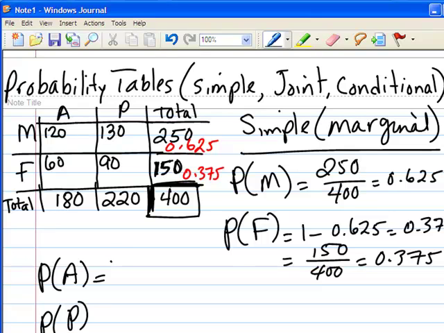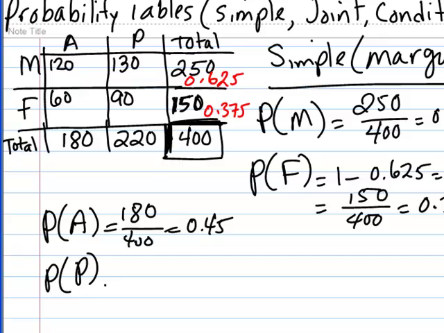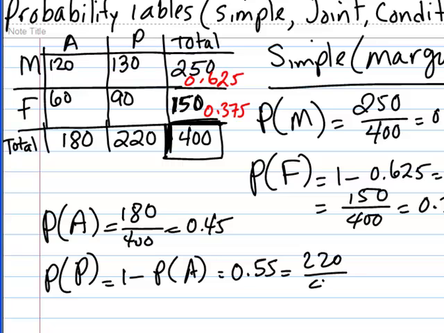There were 180 people who bought a car because of its appearance, divided by 400, and we're going to get 0.45, and the probability of buying a car because of its performance is 1 minus the probability of buying a car because of its appearance, and that's 0.55, which can also be computed by taking 220 and dividing by 400.